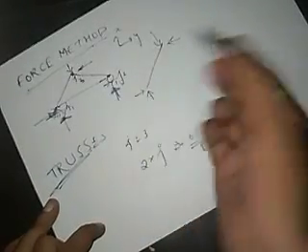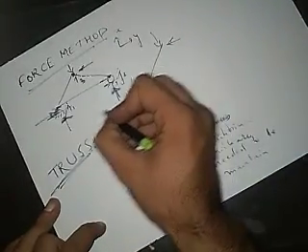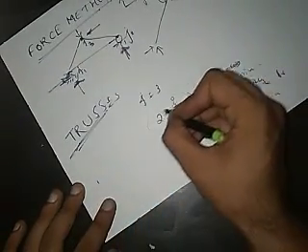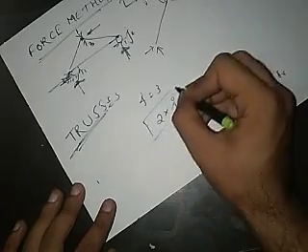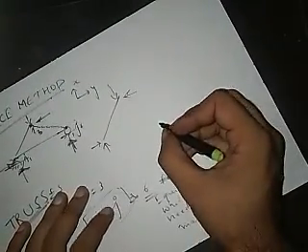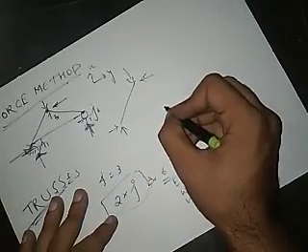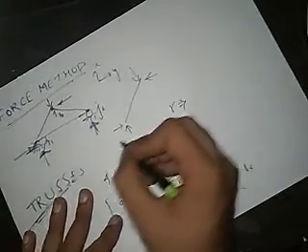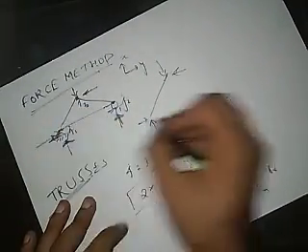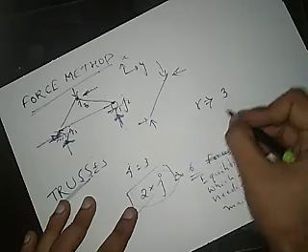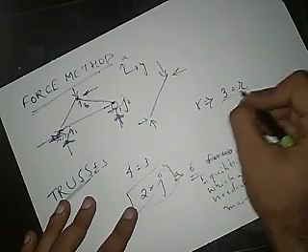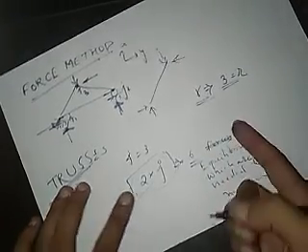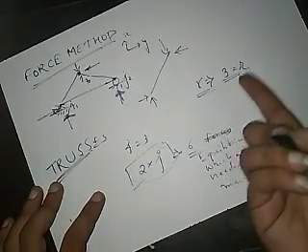So I'm just saying this is 1, this is 2, and this is 3. I can apply these equations. I am denoting the support reactions with the notation R. How many of them? 1, 2, and 3. R equals 3. So these are 3 unknowns.